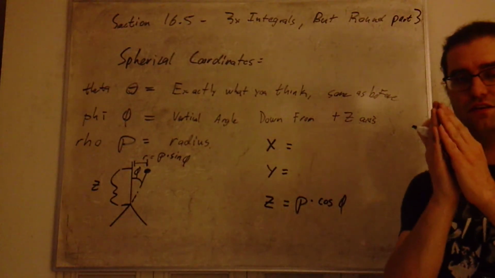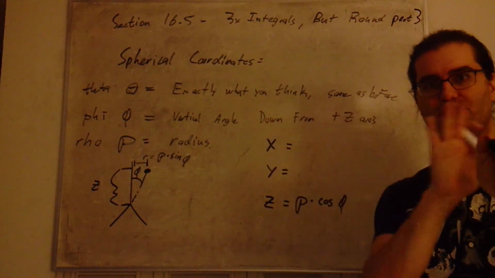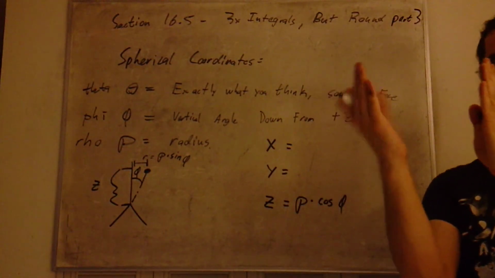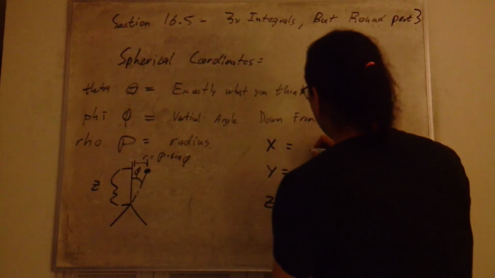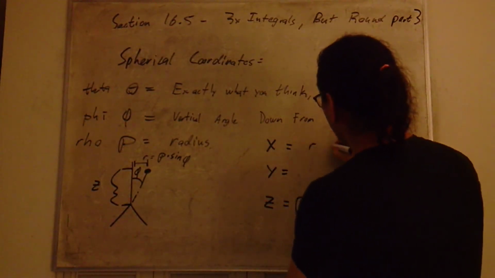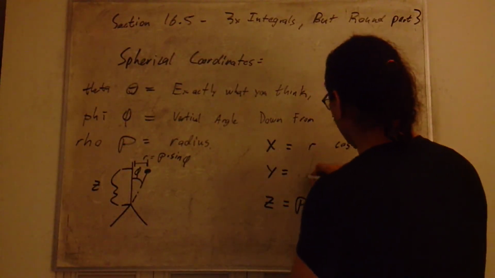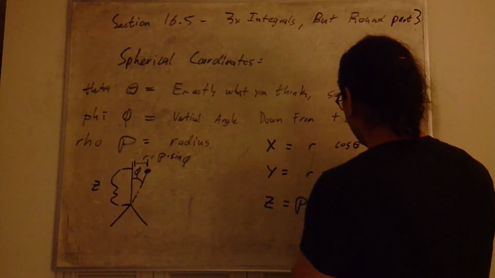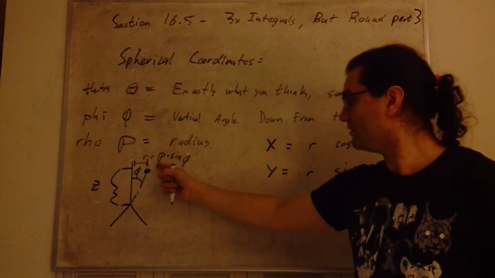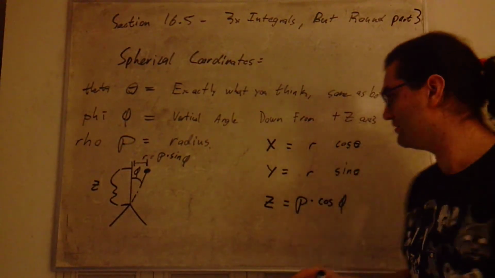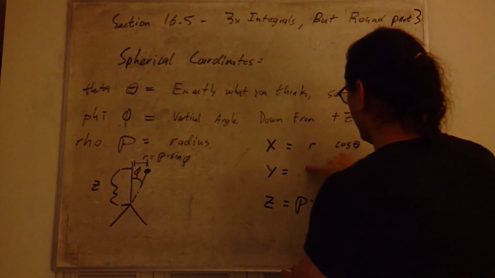That's just the horizontal distance away from the z-axis. That's a radius. But we already know that x is r cosine theta and y is r sine theta. And if we know that r is rho sine phi, we can replace that here.